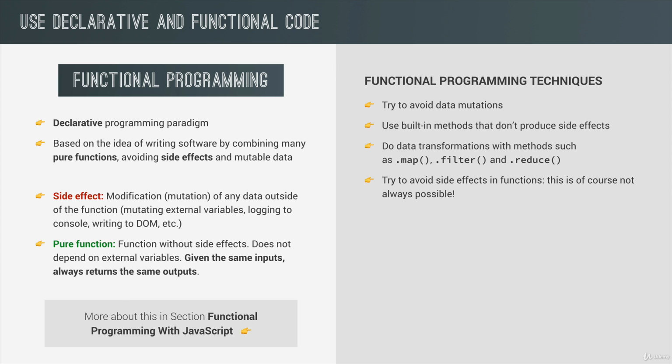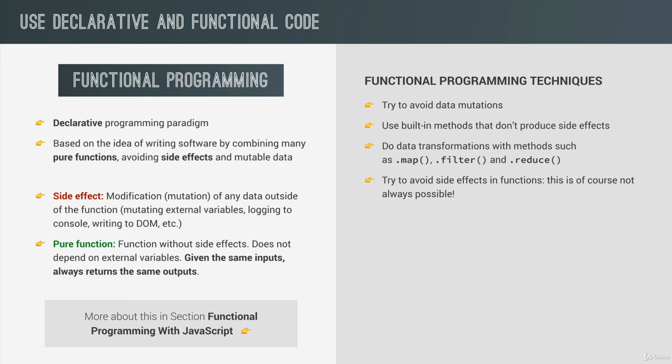Okay, but you can still try to think about this and to start minimizing side effects in your own code. And why all of this is such a good idea, we will discuss at length again in the functional programming section. So this lecture here is really more about suggestions and things that you should start doing when you write your own code.